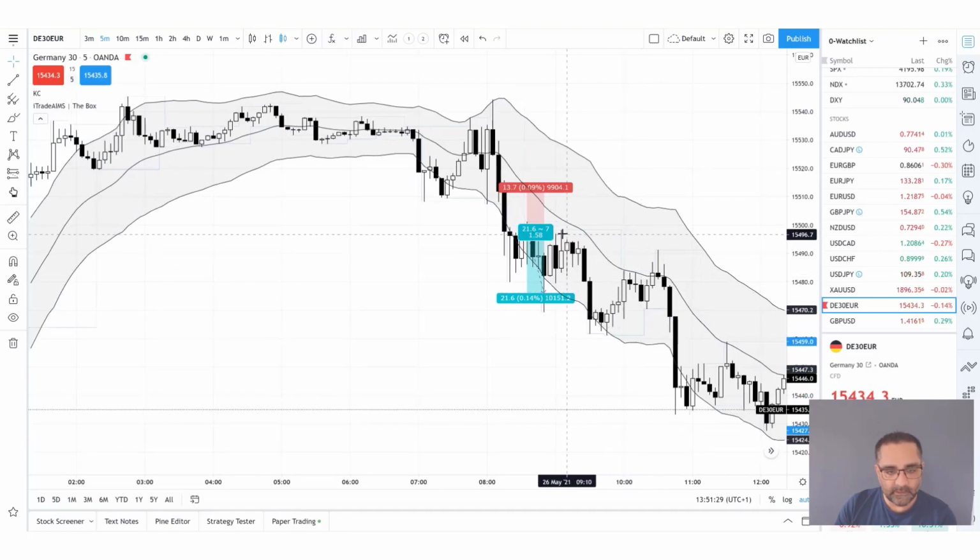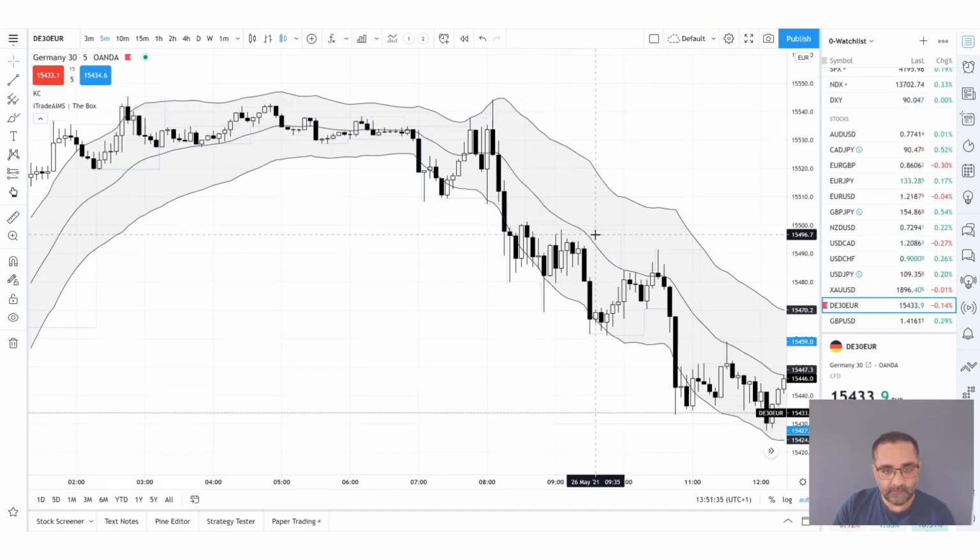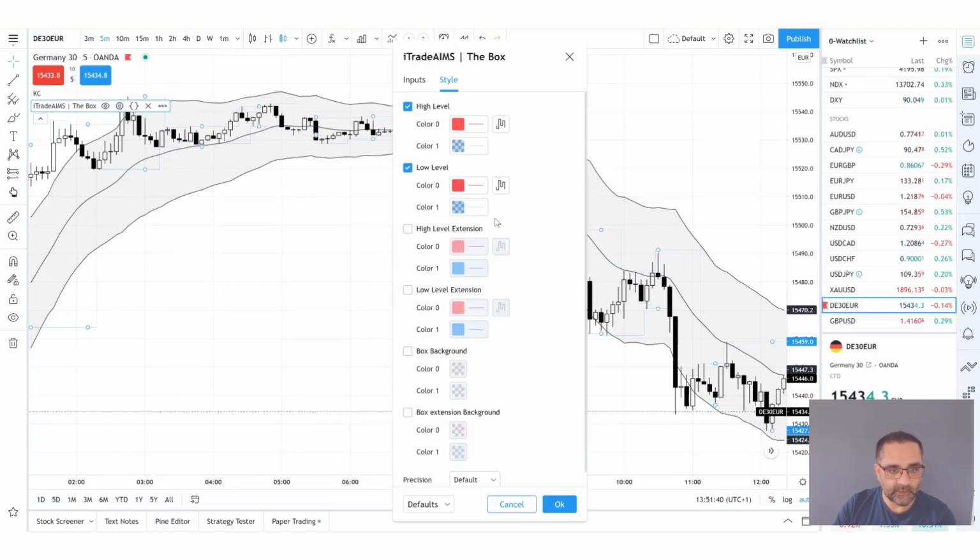Now, the reason we want that stop loss to be up there is this concept. Let's delete this. So if I overlay, this is the box overlay, just for the understanding of it, right? Let's do it as a background as well, and get rid of that.